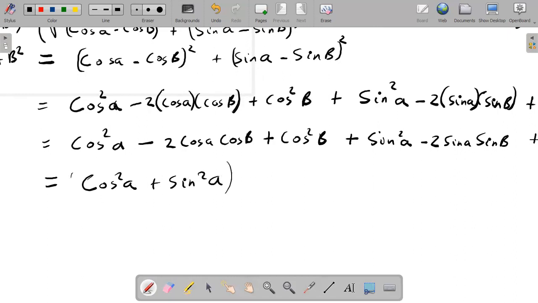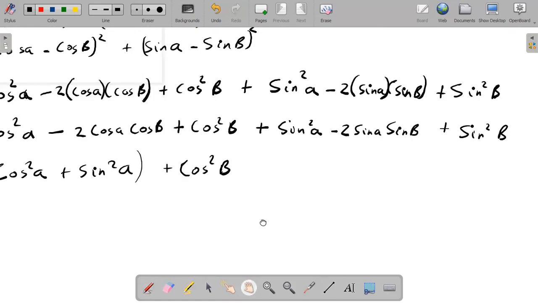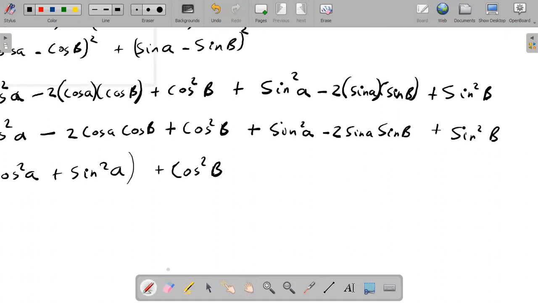We have grouped them. Plus, we are seeing again cos squared beta, so we take it down, cos squared beta. Then we also see sine squared beta, so we also take plus sine squared beta, right?